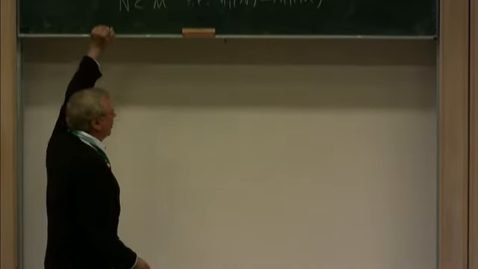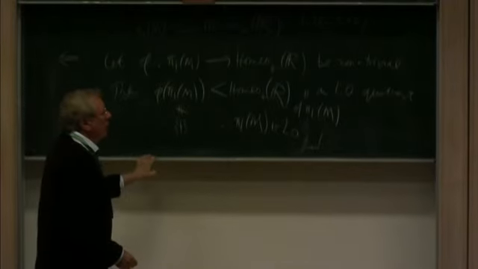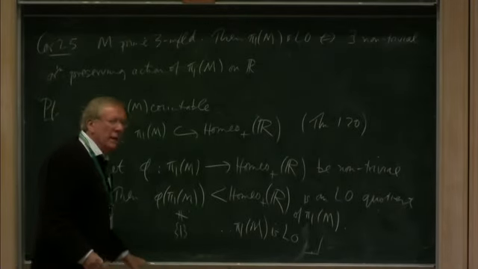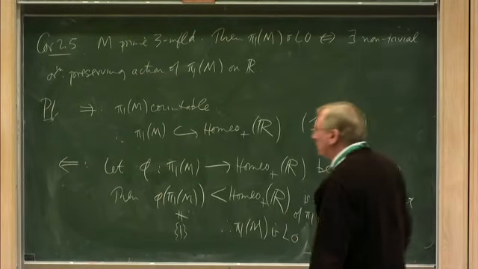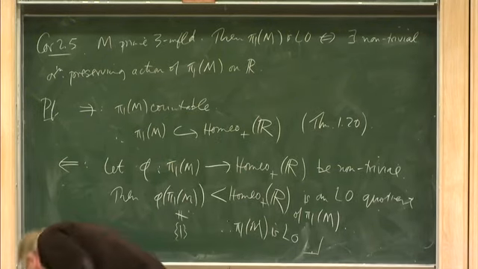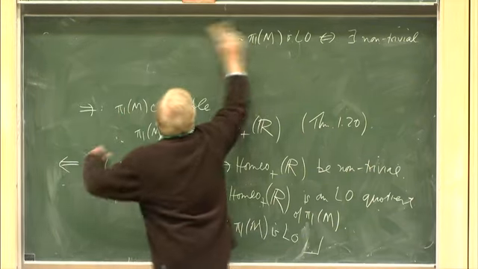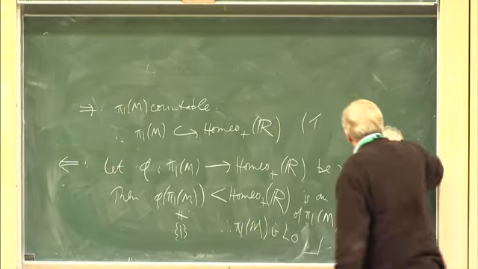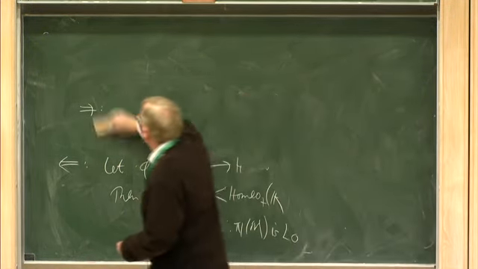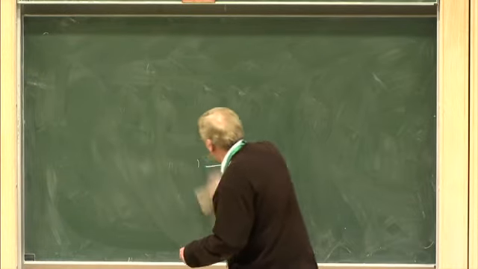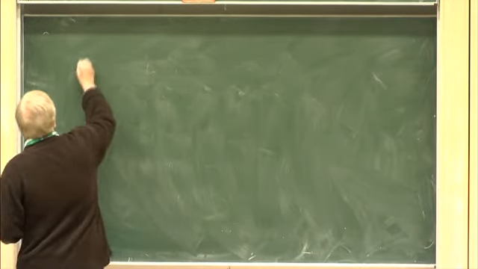Okay, so now let's look at this. We'd better use the irreducibility of M. So now we're going to use it. How are we going to use it? Well, let's look at this compact submanifold. Let me draw a picture, maybe.